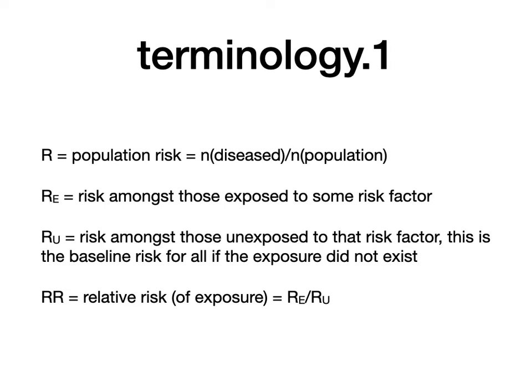And from those two, I can calculate what's called a relative risk. In this case, strictly speaking, it is the relative risk of exposure. As it says here on the slide, that is simply dividing the one by the other. So if I have the risk amongst the exposed, and I have the risk amongst the unexposed, I can divide them and get what is called the relative risk.